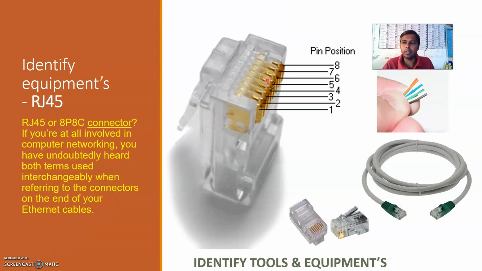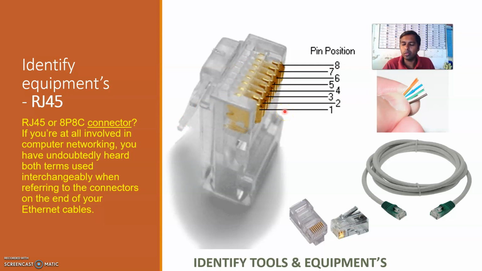This is the equipment we want for the RJ45 connector. The RJ45 connector has 8 pin positions. This is the 8 pin, and this connector connects to our cable. The cable has 8 conductors. The RJ45 terminator has 8 pin positions. This means RJ45 connector or 8P8C connector.